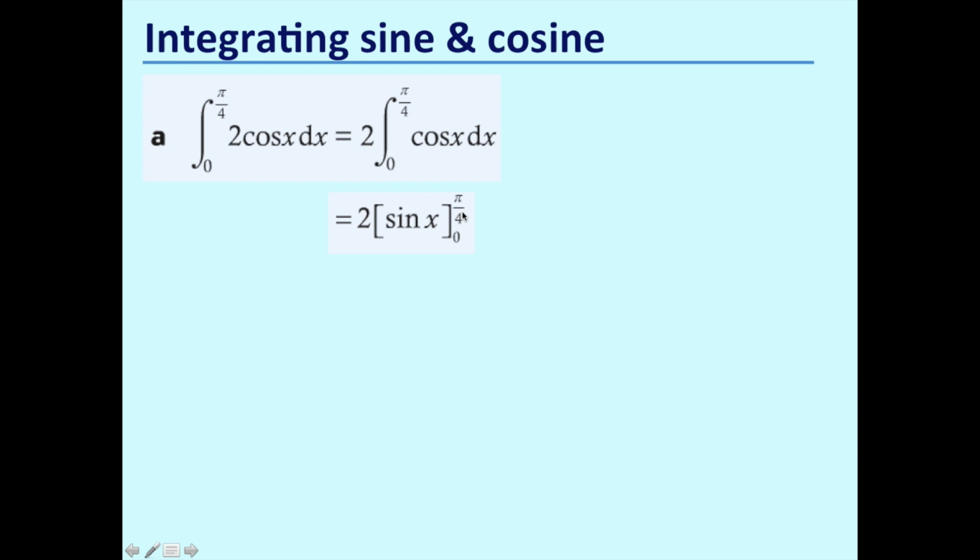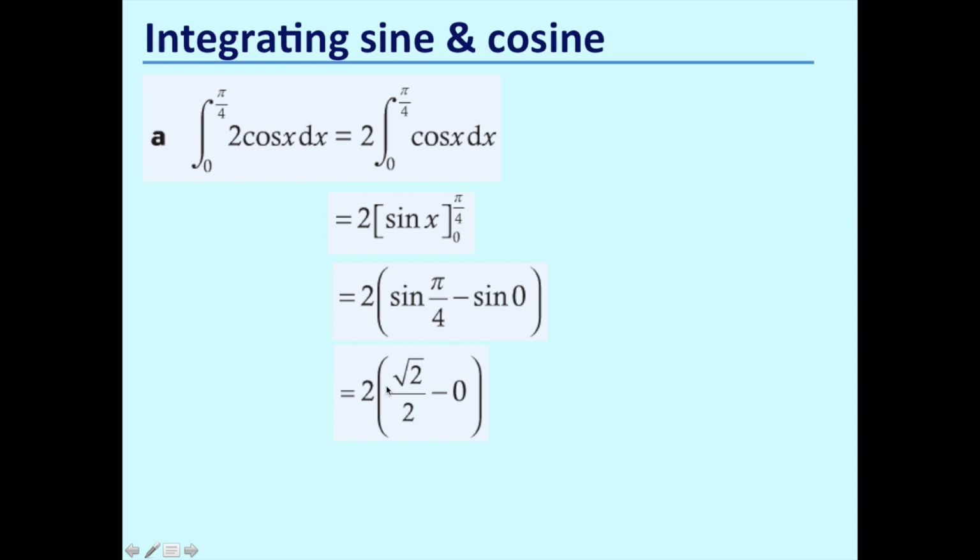We can then substitute in for sine pi by 4 minus sine 0. Sine pi by 4 is going to be the same as sine 45 degrees, which is going to be 1 over root 2. So that's going to be 1 over root 2, and then sine 0 is going to be 0.